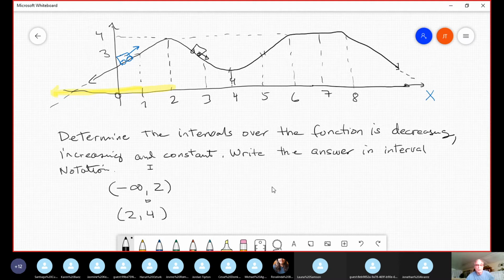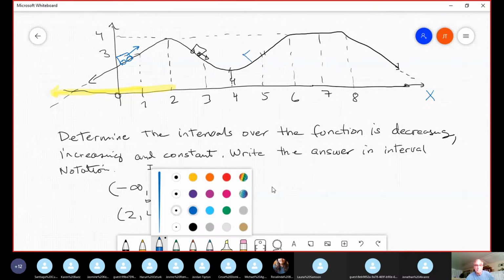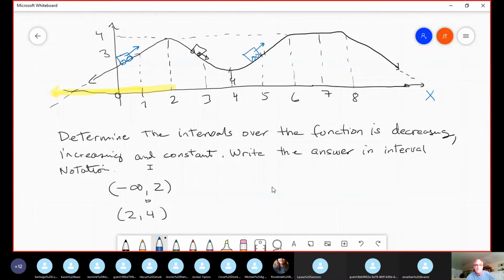Again, now the roller coaster, when the car goes up, it's blue. Another increasing from 4 to 6. So, union, 4 to 6. And never increasing anymore, because this is constant, I suppose.